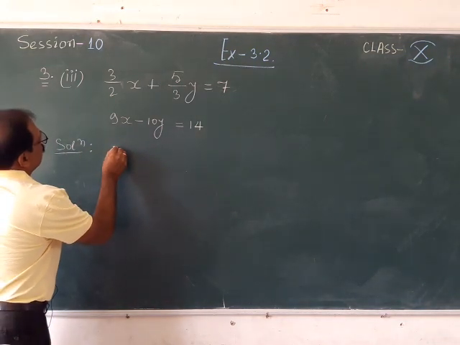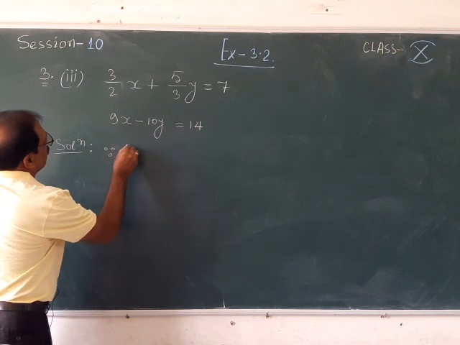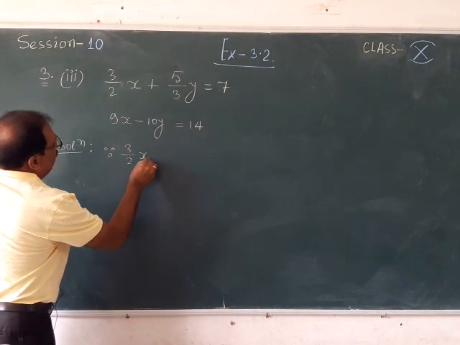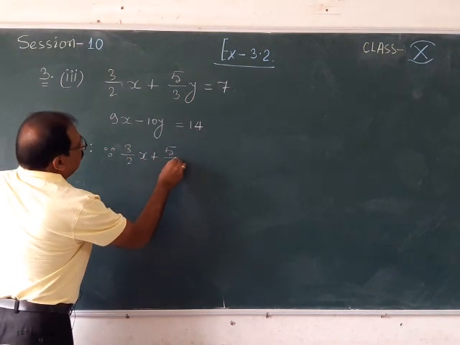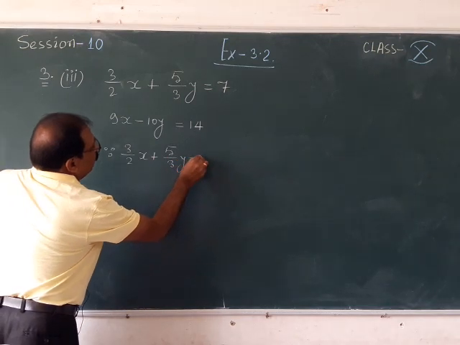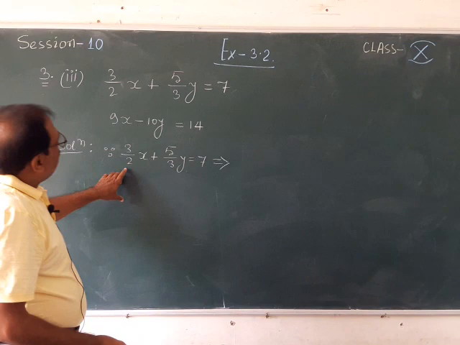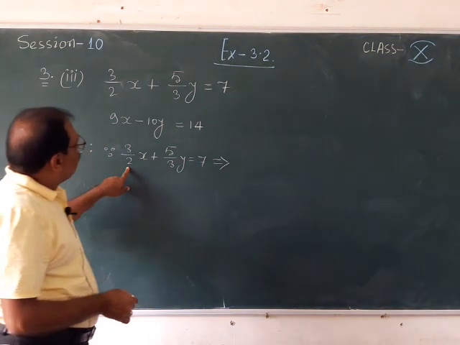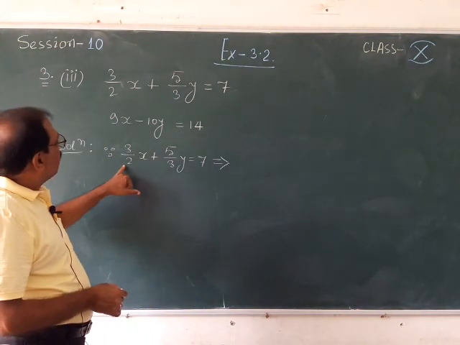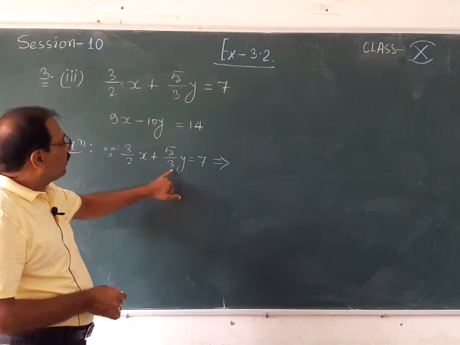Since 3 by 2x plus 5 by 3y equal to 7, this equation may be written as, I am going to multiply this equation by 6, because here the denominator is 2 and here it is 3.